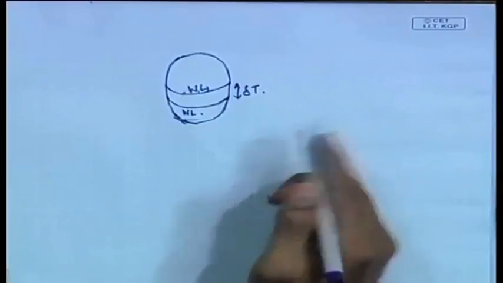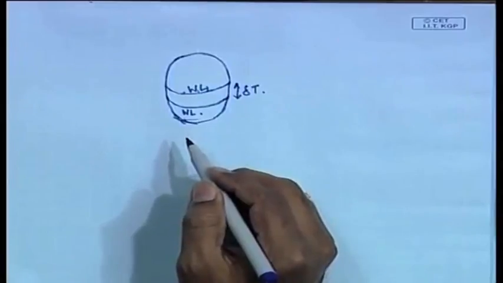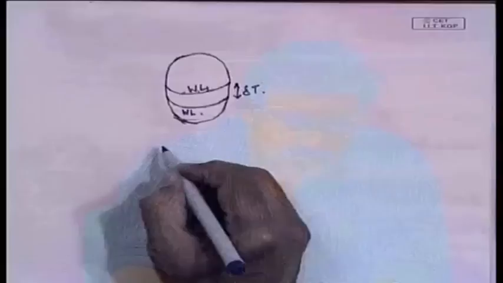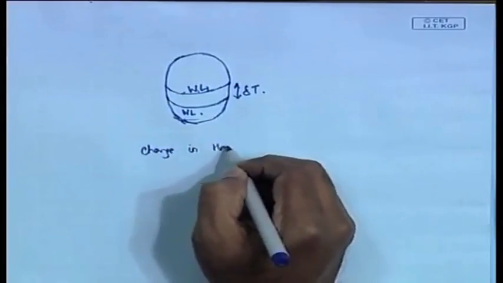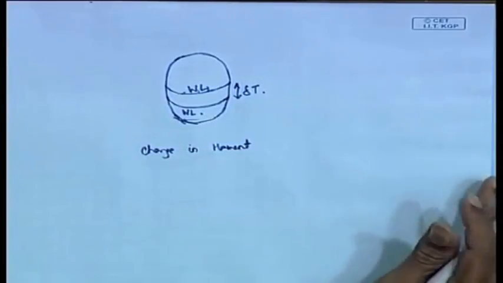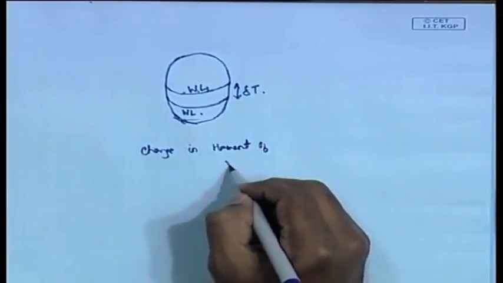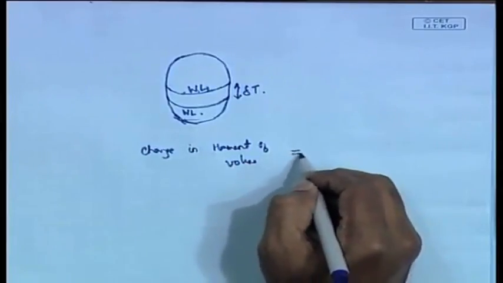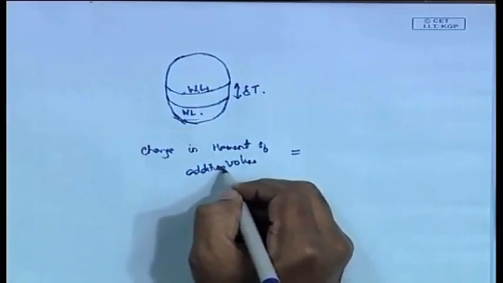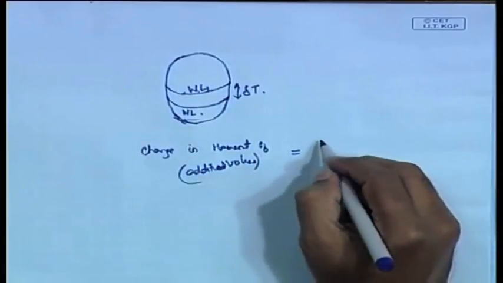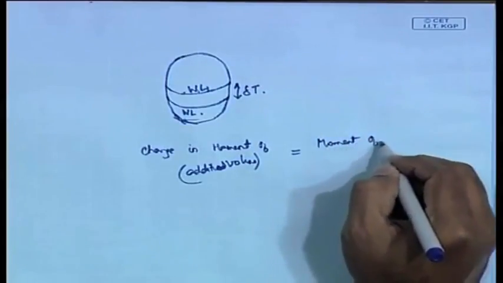Now, we can see the problem that we are going to define in two different ways. The first one is the change in moment of volume, the change in the moment of additional volume is equal to the moment of additional volume.